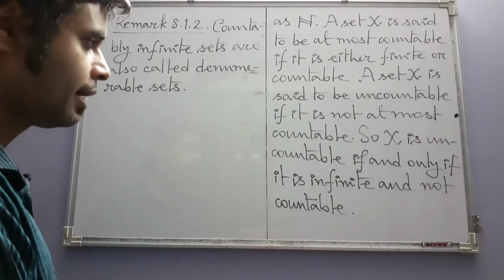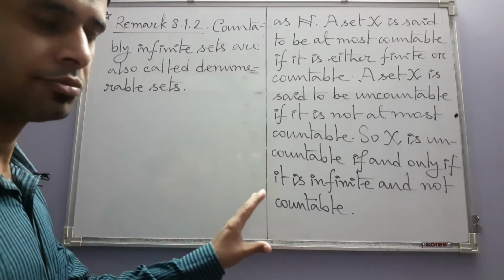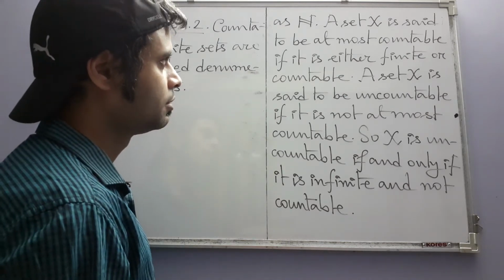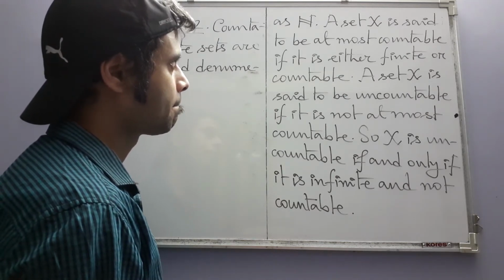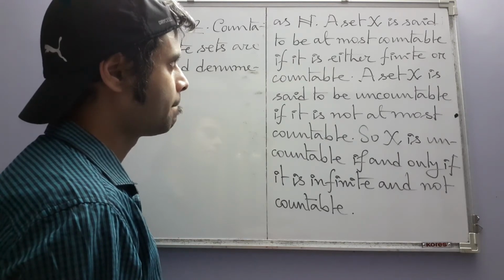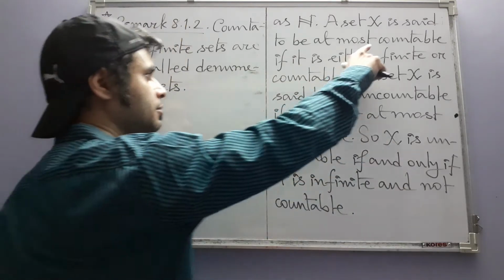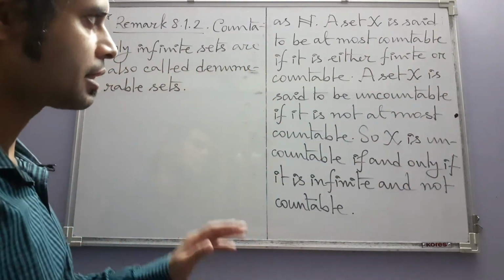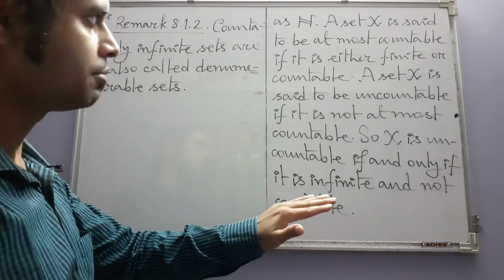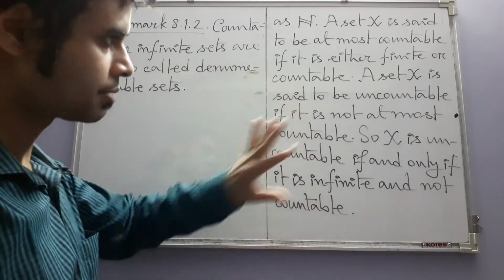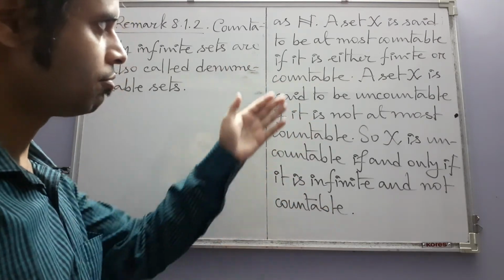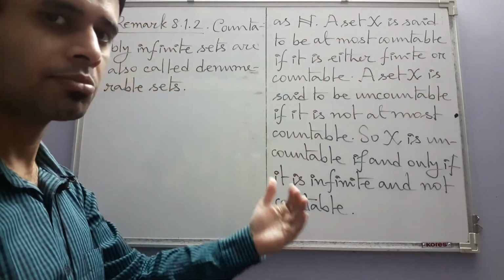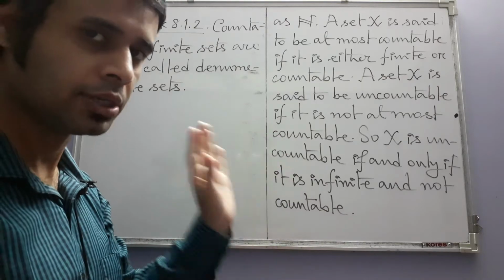And I have my own remark about this definition, which is that in some texts, by countable, the author means at most countable, and whatever we are calling countable, they call it countably infinite, specifically countably infinite.